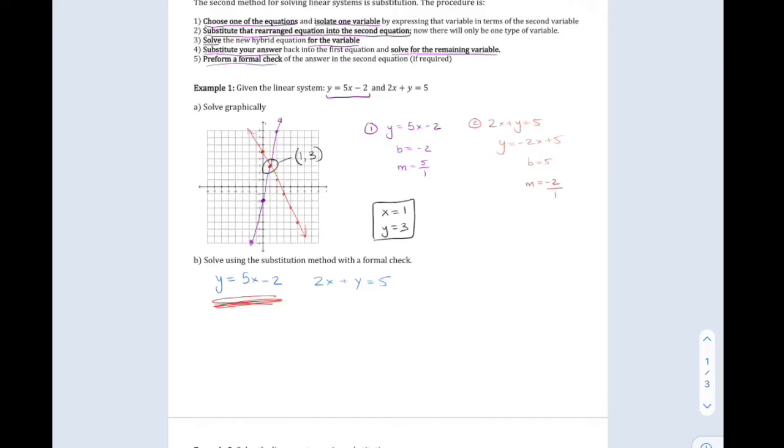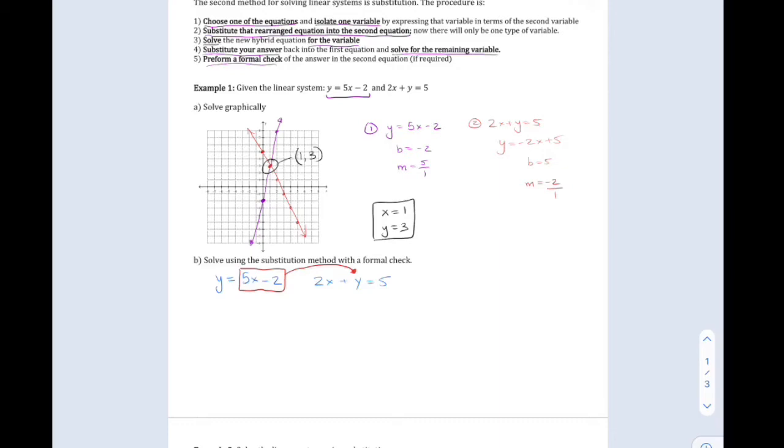Well, this equation over here already has one variable isolated, y. You can choose x or y to isolate, it doesn't matter which one. So this one already has y isolated. Next, we're going to substitute that rearranged equation into the second equation. So if all of this is equal to y, I'm going to substitute it into y.